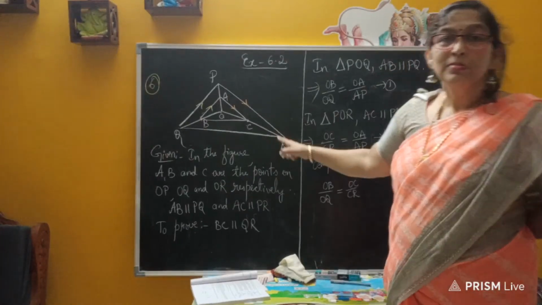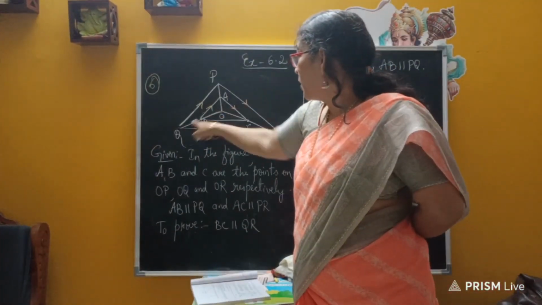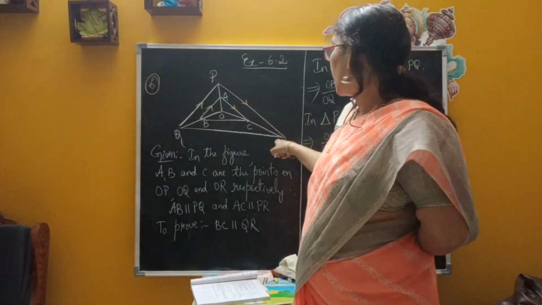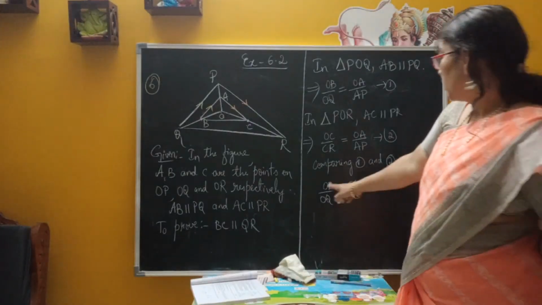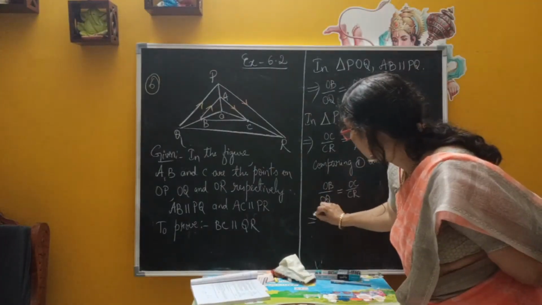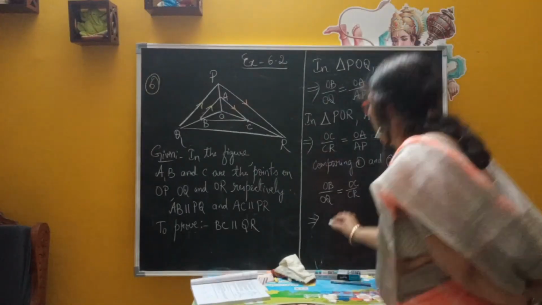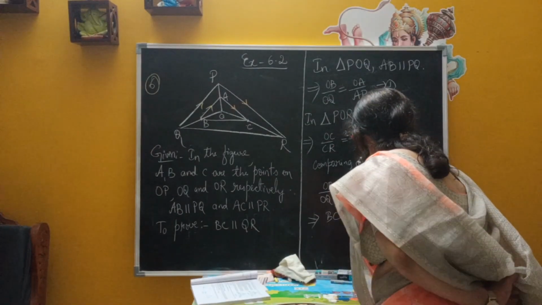These are the sides. Side OQ is divided into OB and BQ, and in this triangle OC and CR are the parts of the side OR. So what do you say? This implies BC is parallel to QR.